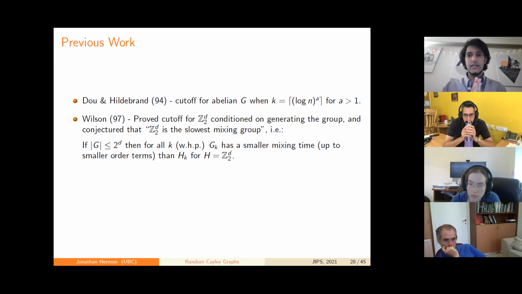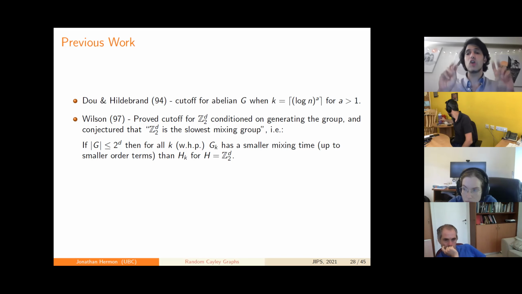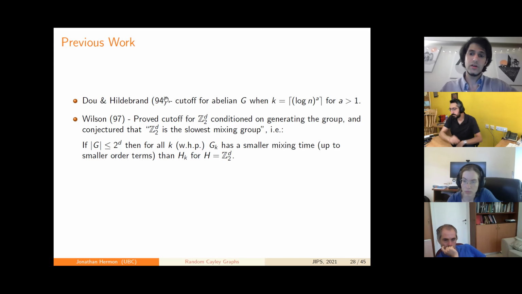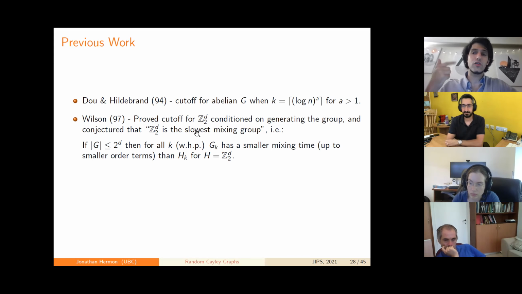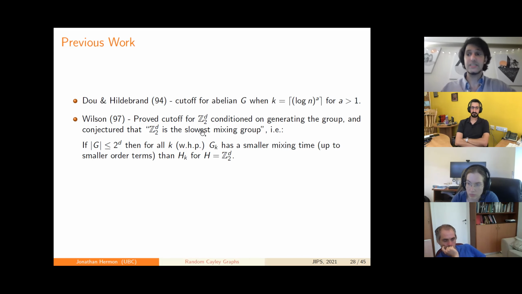So in that work, he also conjectured that this group that he considered is the slowest mixing group. So it's the slowest mixing group for a random Cayley graph. And this is in a very strong sense.